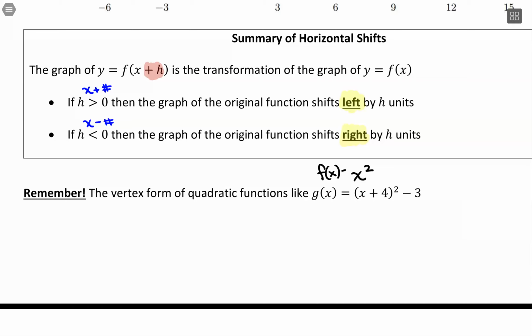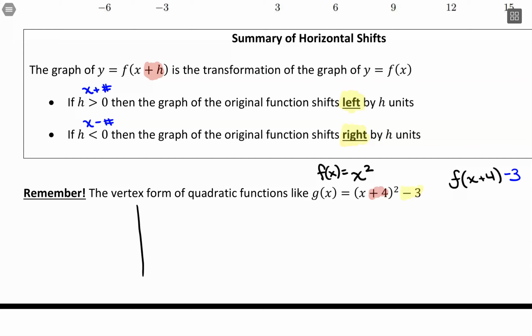Our original function is x squared. So what we're doing here is, for the input of the function, we're adding 4 to the input. So this is like f of x plus 4. And then we're subtracting 3 outside.